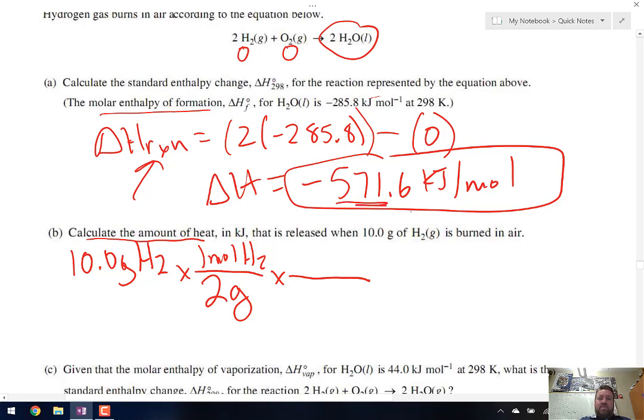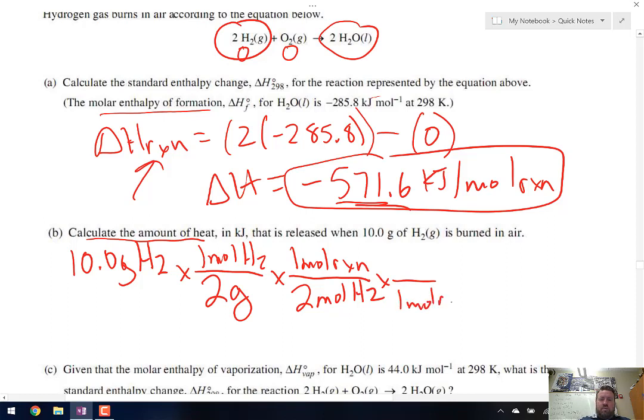And remember, this 571.6 is per mole of reaction, so we need to say 2 moles of H2 from that balanced equation is in 1 mole of reaction, and then 1 mole of reaction. And again, here they're saying that it is released, which means you don't need to put the negative in, 571.6 kilojoules.